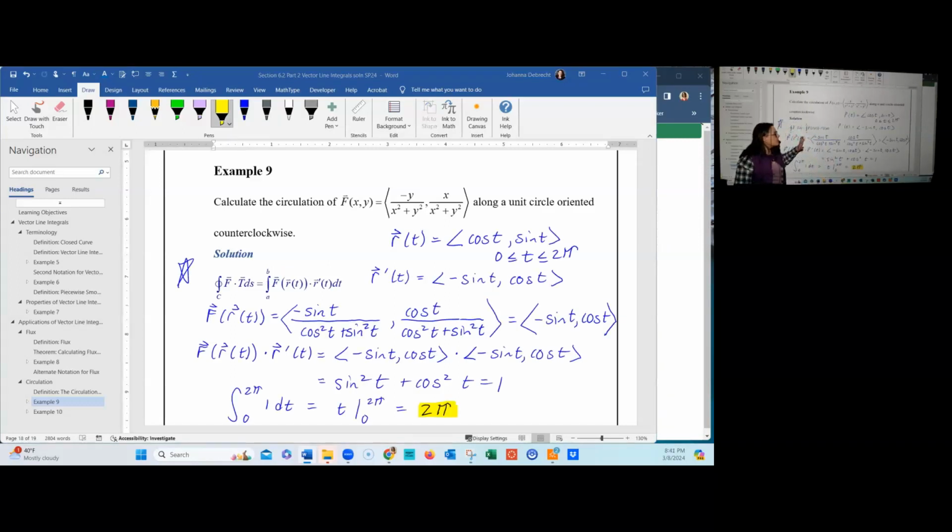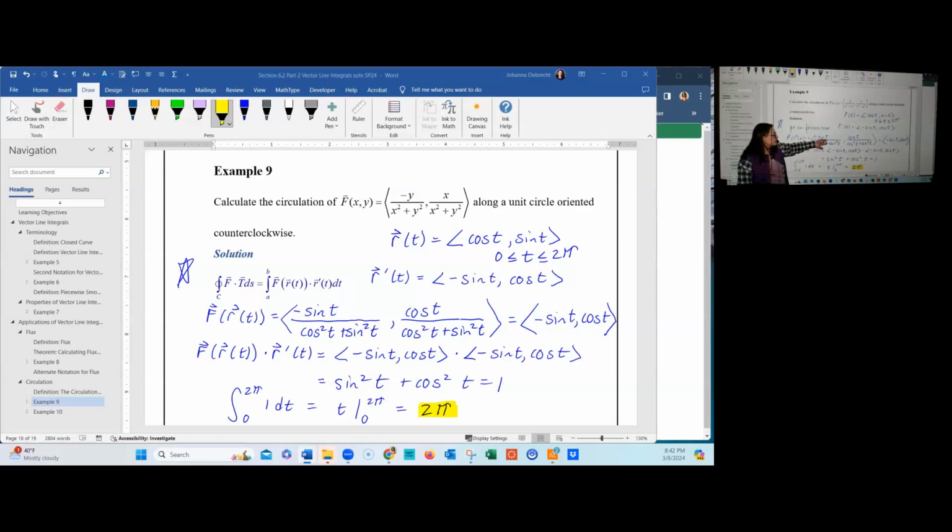For this problem, I chose to parameterize the unit circle as cosine t, sine t for t between 0 and 2 pi. Then I computed r prime of t as negative sine t, comma cosine t. Then I need to parameterize the vector field by substituting cosine t for x and sine t for y.